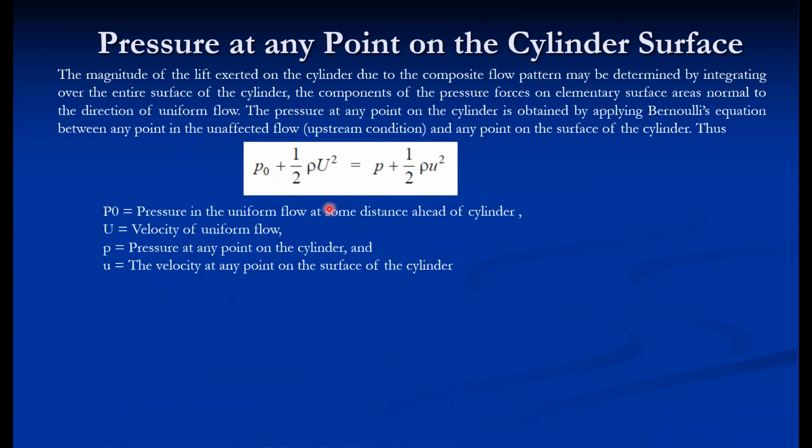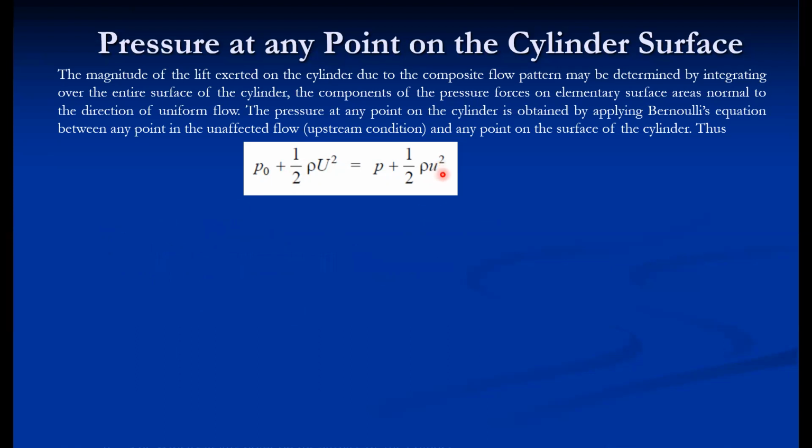Here, P0 is the pressure in the uniform flow at some distance ahead of the cylinder, that is just before the entry of the flow domain of the cylinder. U is again the mainstream velocity, or we can say free velocity, that is uniform velocity, before it comes in contact with the cylinder, obviously. P is the pressure at any point on the cylinder, and u is the velocity at any point on the surface of the cylinder.